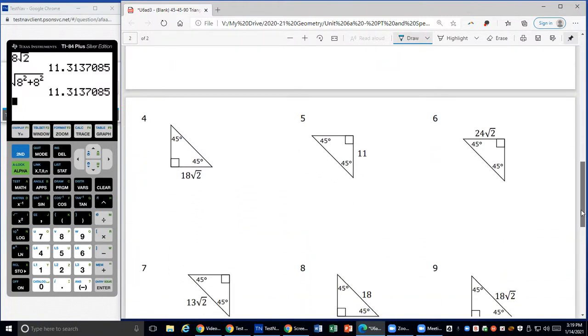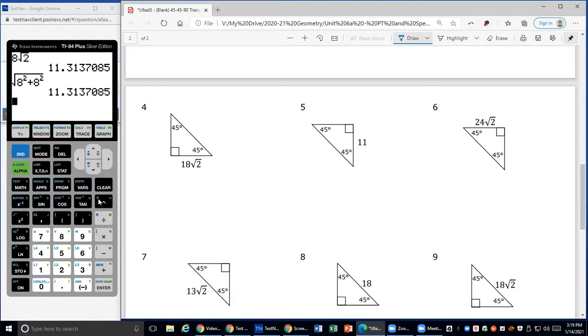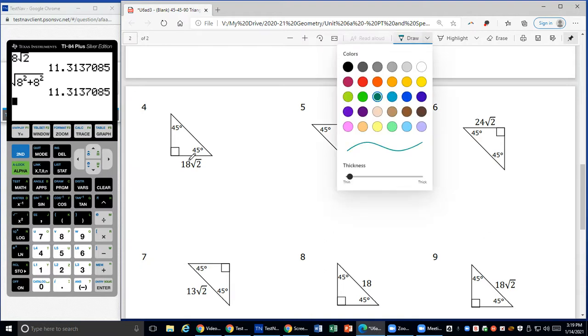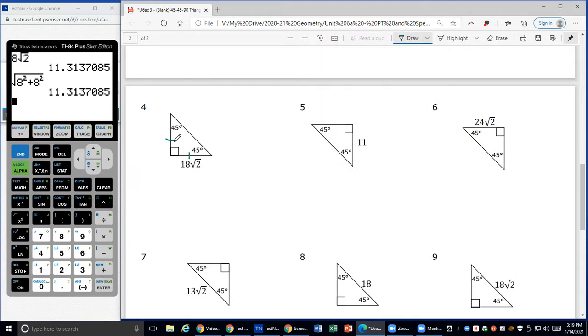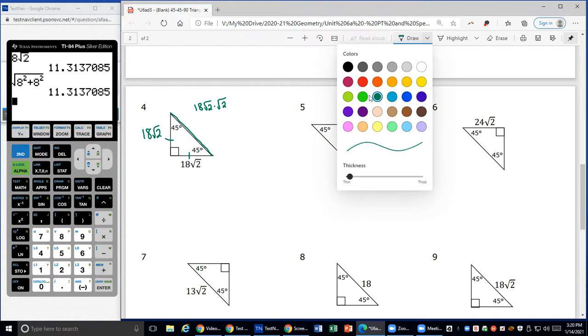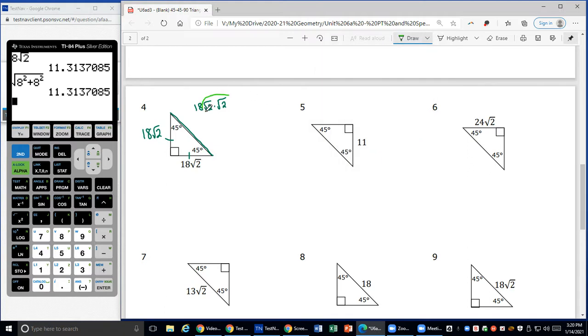Okay, so when I look at example number 4, if I do that same exact process that I did before, I know that my two legs will be exactly the same, so 18 square root of 2, 18 square root of 2, and then for my hypotenuse, I need to take that leg and multiply it by a square root of 2, and these two right here, my square root of 2 times my square root of 2 is going to become just a square root of 4.